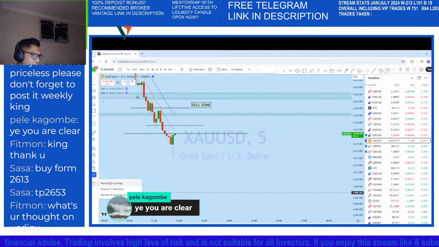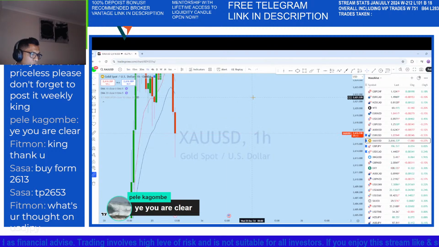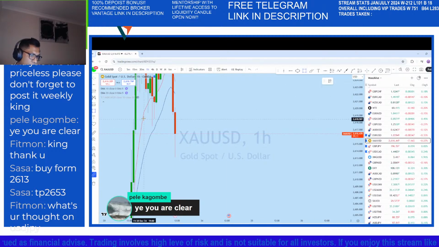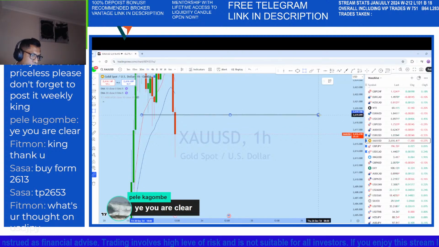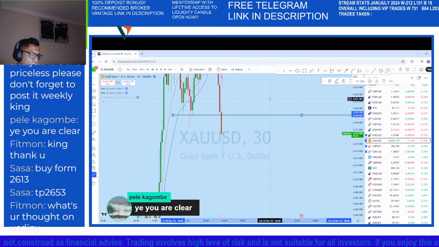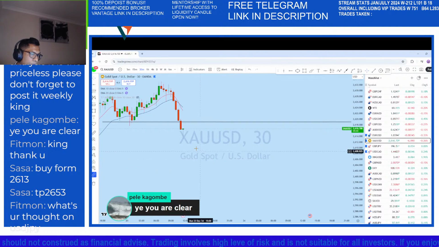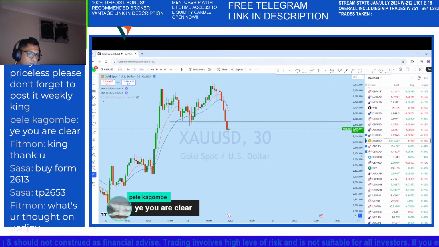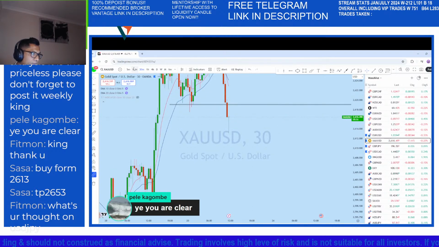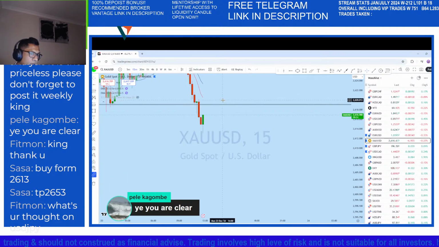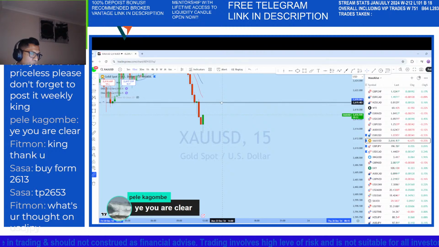So let's delete this level again to see that new zone that we can potentially expect. So here is with this drop, want to see that it's returning back, and this is a liquidity zone.